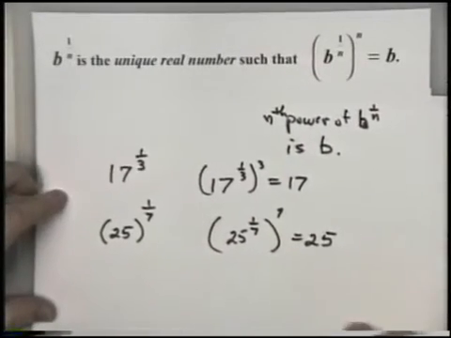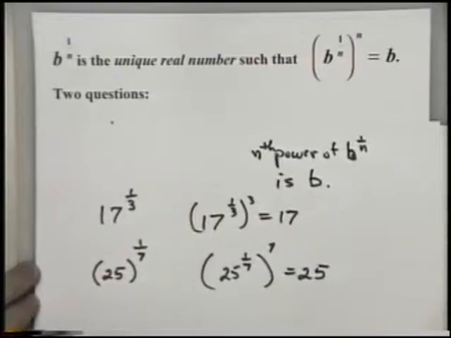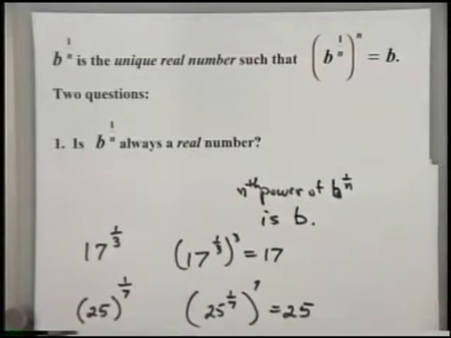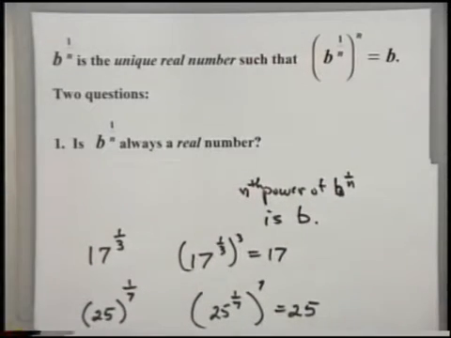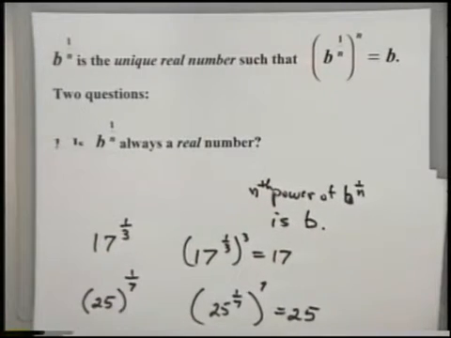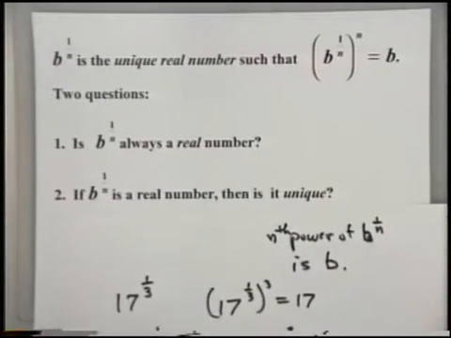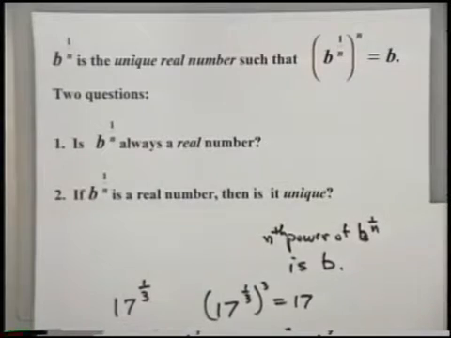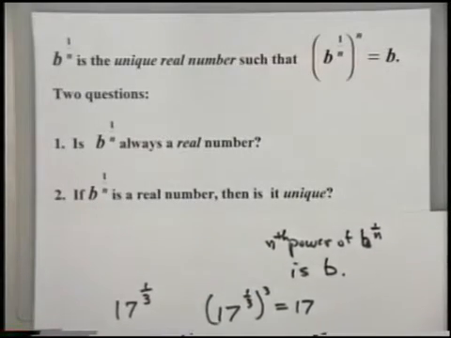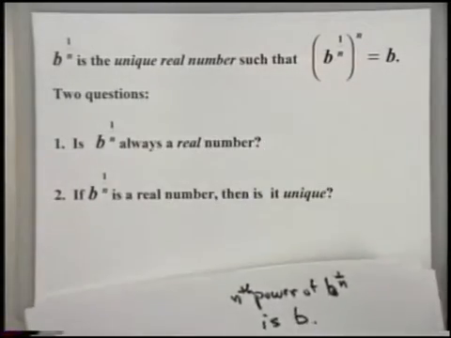Two questions come to mind that we have to consider. First, will b to the 1/n always be a real number? And secondly, if b to the 1/n is a real number, can we assume it's unique?